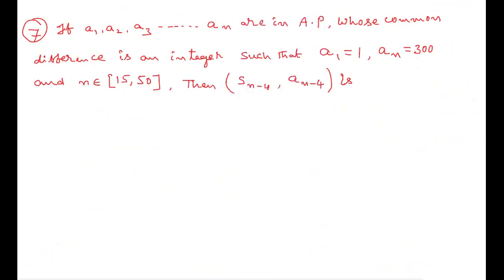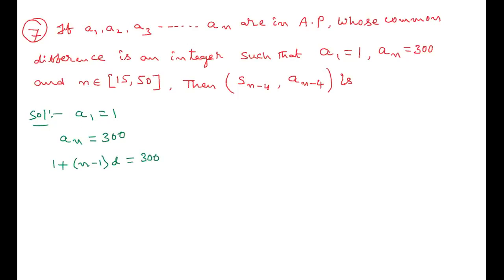Now A1 is 1, AN is 300, given. AN means the nth term of the AP. What is the formula? A plus n minus 1 into D. A means the first term, so 1 plus n minus 1 into D is equal to 300.